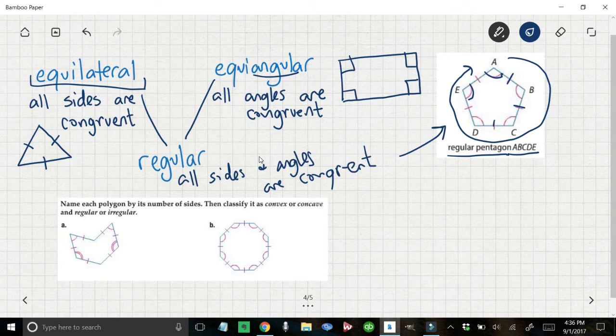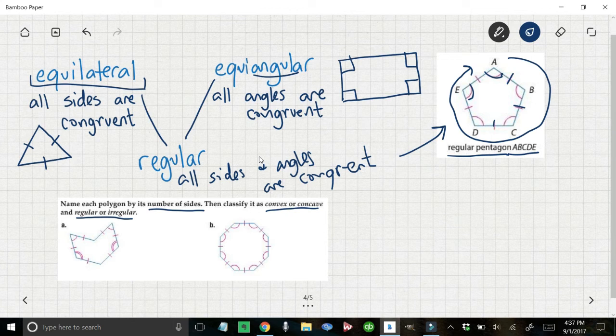So this is the way some of the directions are going to look. It will say name each polygon by its number of sides. So what that means is you'll count up the number of sides and tell if it's a triangle or octagon or whatever it is. Classify it as convex or concave, and then regular, or they use the word irregular, meaning just it's not regular.